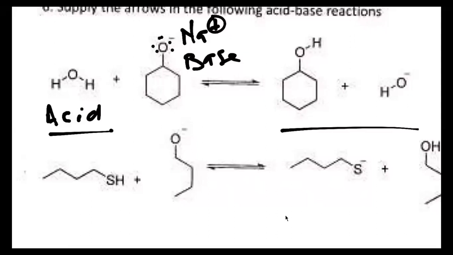The first one. This one. Good. That's my conjugate acid. And then by default, that makes this the what? Conjugate base. And I'm going to take that sodium and stick it right there, and I'm going to put my electrons around oxygen here and put them over here too.